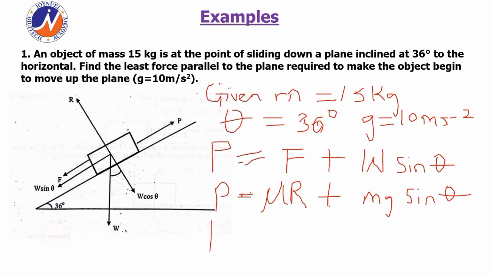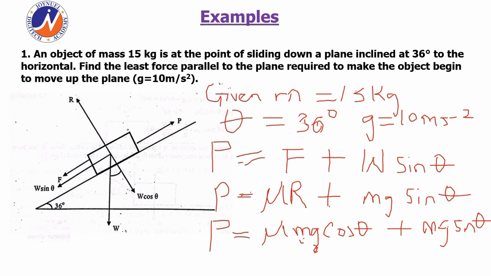So if we break it down further, P will be mu, and R is equal to mg cos theta, plus mg sine theta. How do we get mu? M is given, g is given, theta is given.